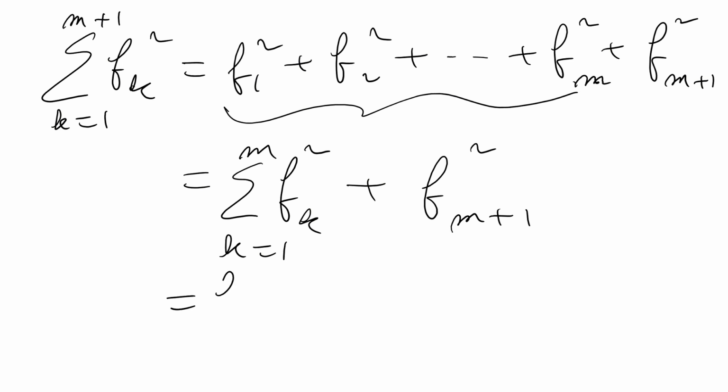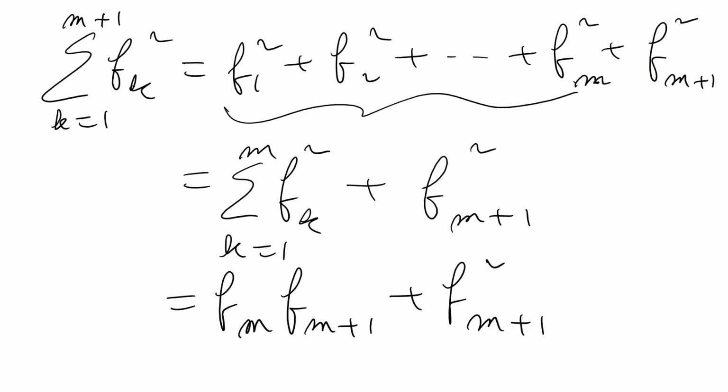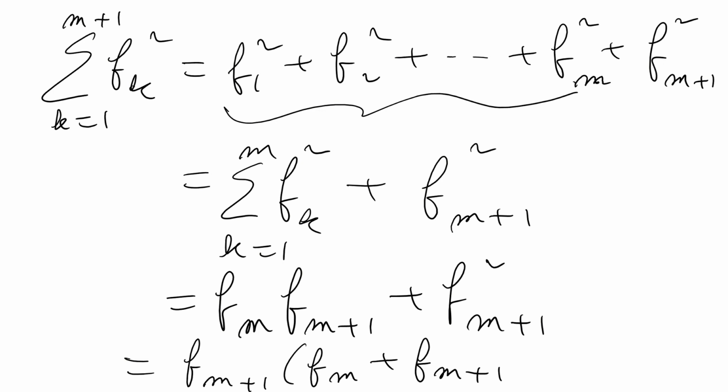This is f m times f m plus 1, right? Then plus f m plus 1 square. So we can pull out f m plus 1, so it's going to be f m plus 1 times f m plus f m plus 1, right?